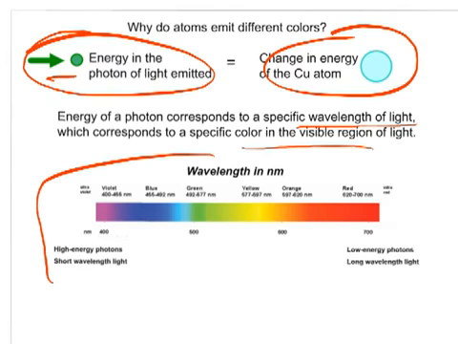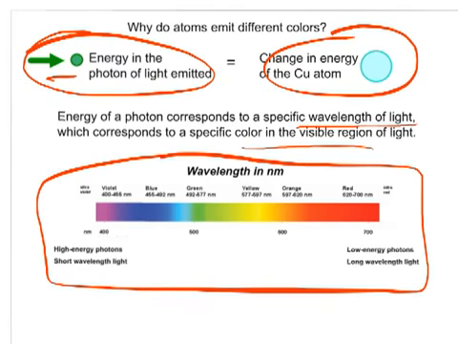Now, if you look down here at our little chart, you can see that the wavelength of light, here we have 400 nanometers, 500, 600, 700, corresponds very specifically to a different color. And remember, we just said up here that the energy of a photon corresponds to the wavelength. So down here we have shorter wavelength light.